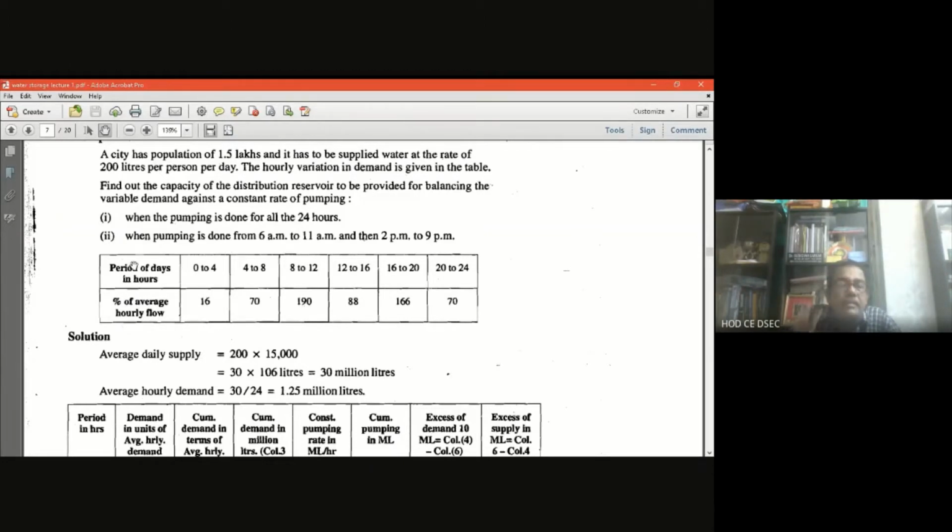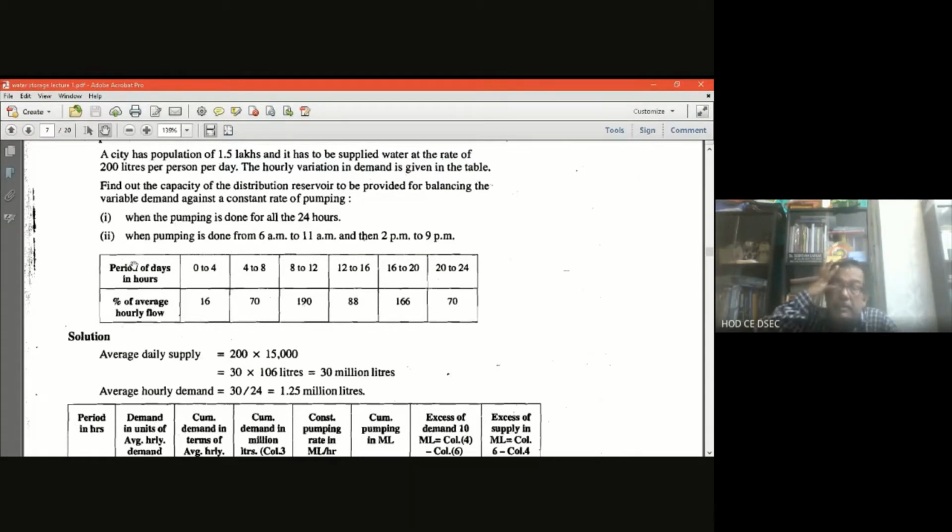200 liters per capita per day is given, and the population is 1.5 lakhs. If you multiply 1.5 lakhs by 200 liters per capita per day, you will get 30 million liters.